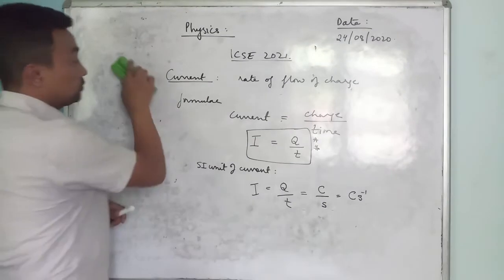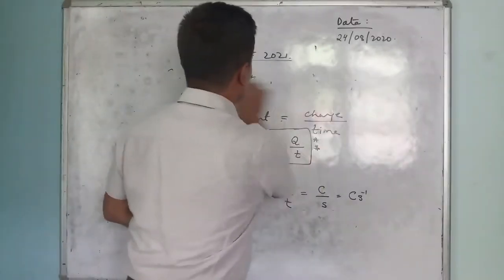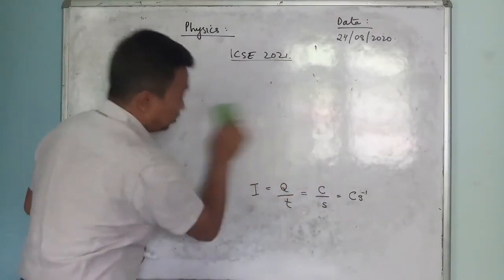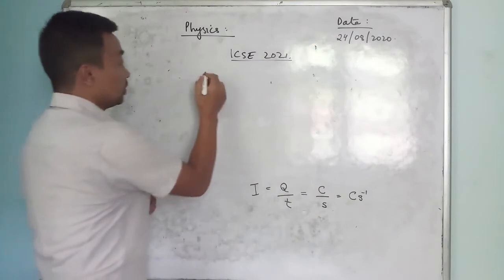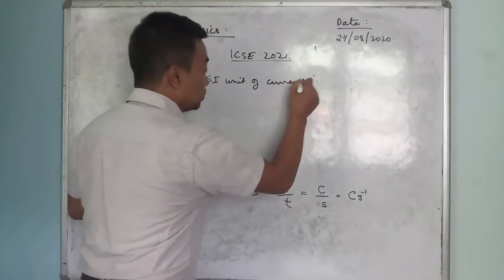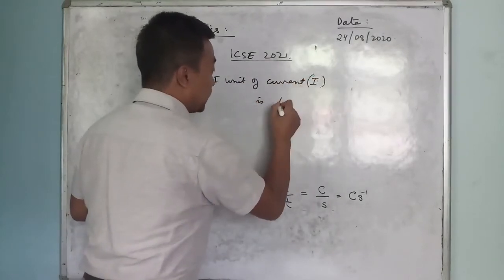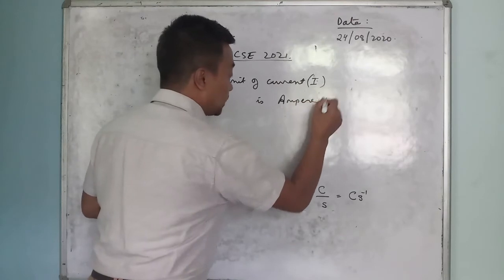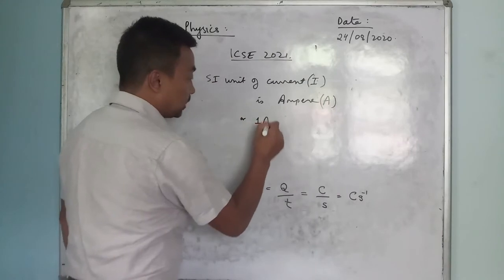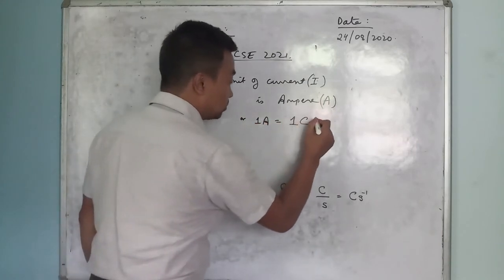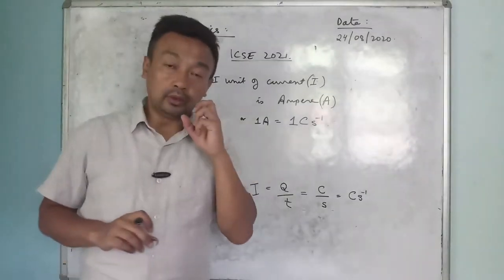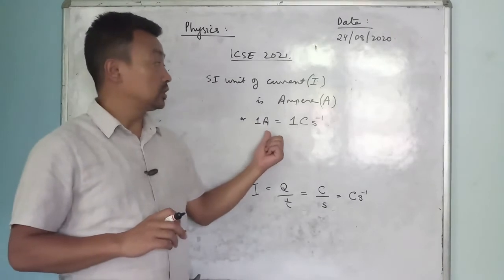So let us write down the SI unit of current, which is given by capital I, is ampere, and this ampere is given by capital A. So we can write 1 ampere equals 1 coulomb per second. So the standard unit of the current is 1 ampere.